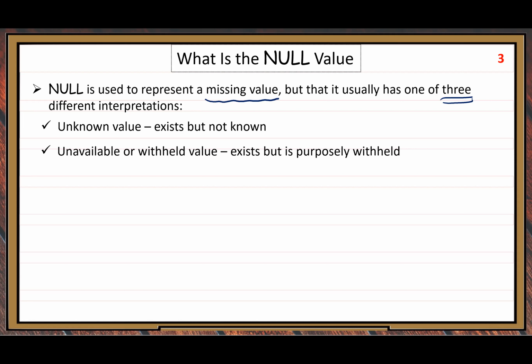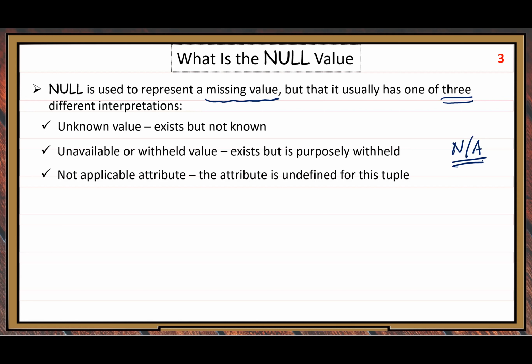Number 3, not applicable attribute. So you ask for this value, but for this person, it does not make sense. That's possible. Not applicable, that's the third case. The attribute is undefined for this tuple, for this particular entity.